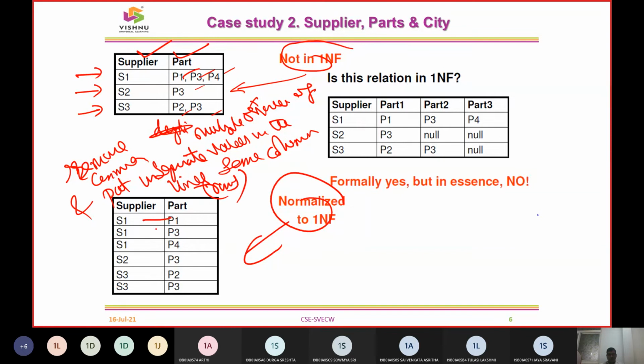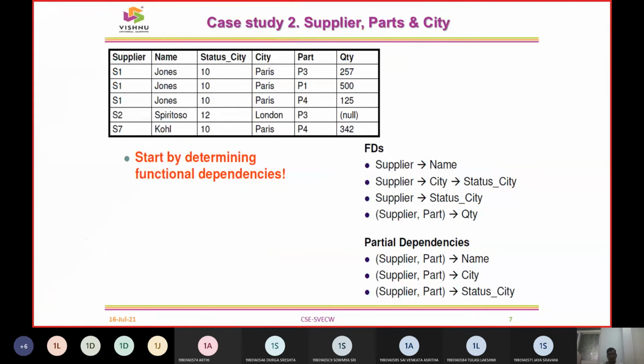So I can say supplier 1 part 1, supplier 1 part 2, supplier 1 part 3. So we fix this supplier into 3 entities. Then we go with supplier 2 with part 3. Then we have supplier 3, 2 entities, so we have part 2 and part 3. So that is how we are bringing the scenario to the first normal form.